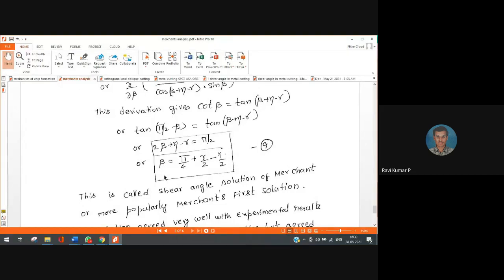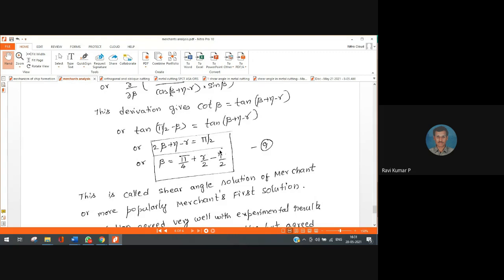I repeat, when I look at the value of beta, I find that it depends on gamma and eta. This is not r, this is gamma, please. R and gamma may look similar. This is gamma, this is eta. Gamma is nothing but the rake angle, the condition of the rake surface.